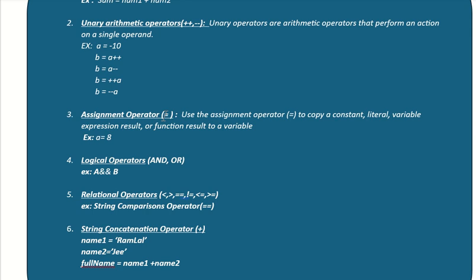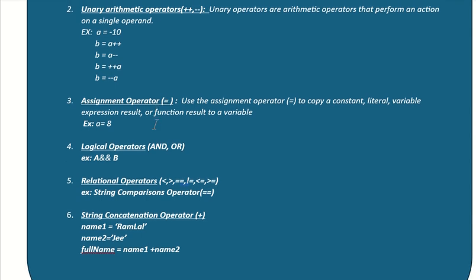Whatever the value is, a constant, literal, variable, expression result, or function result, already discussed in the previous video, whatever value is returned by a function, literal, or variable and initialized into another variable is done by the assignment operator. Example: a is equal to 8. 8 is assigned into the variable a, so equal to is an assignment operator.